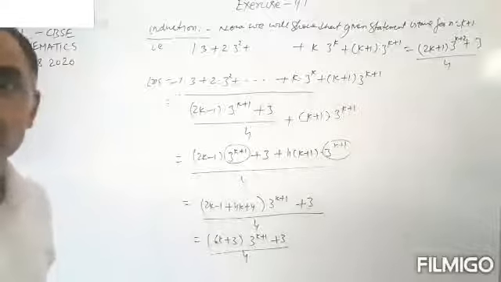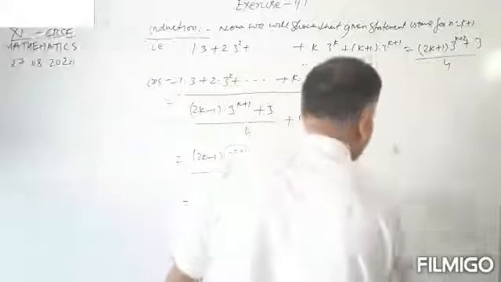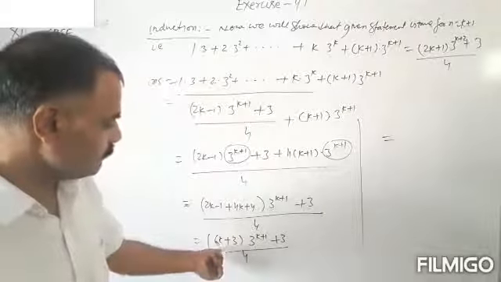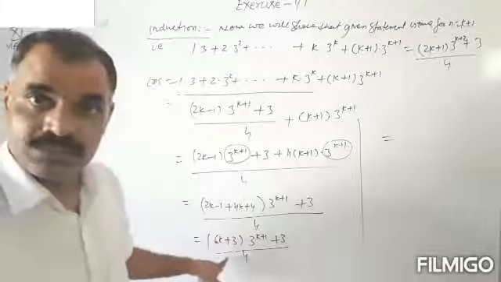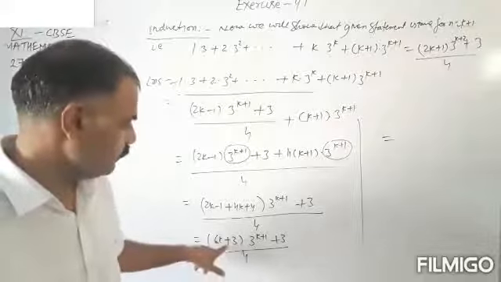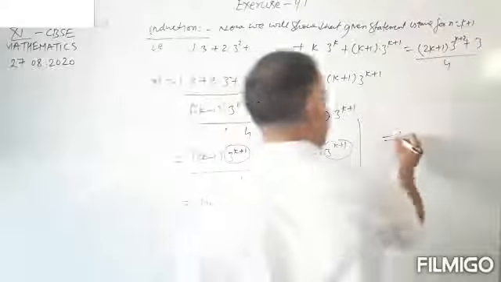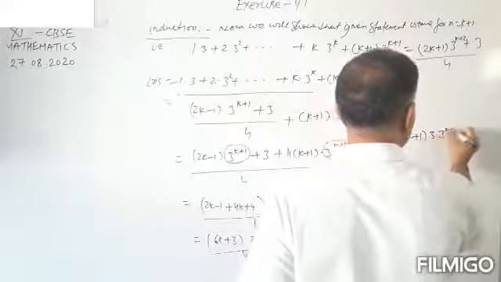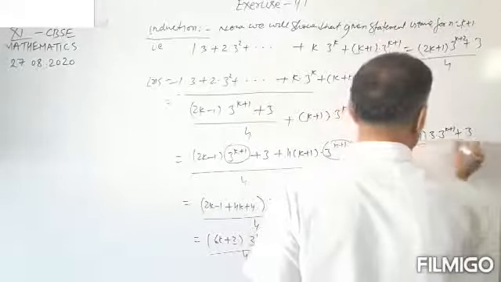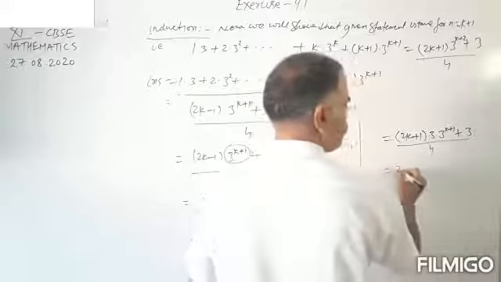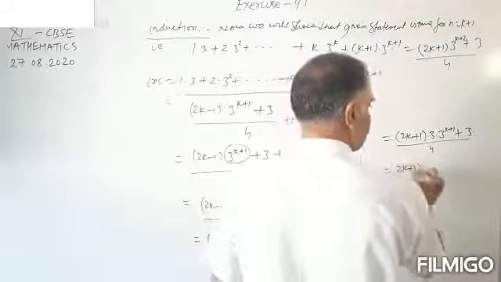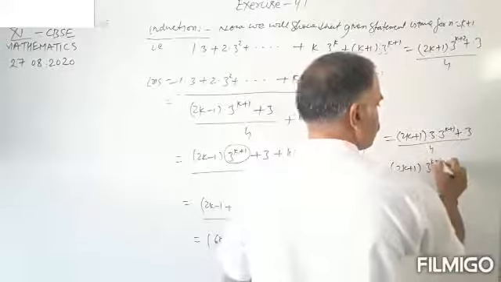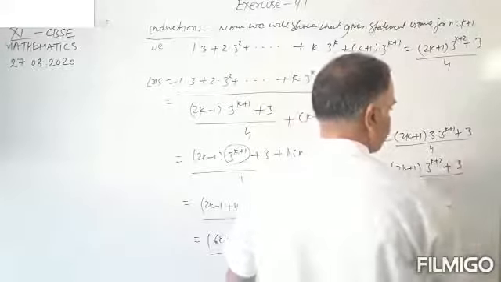And this can be written as, taking 3 as common from these two terms, we are having 2k plus 1 into 3 into 3 to the power k plus 1 plus 3 upon 4. So this is equals to 2k plus 1 multiply 3 to the power k plus 2 plus 3 upon 4.